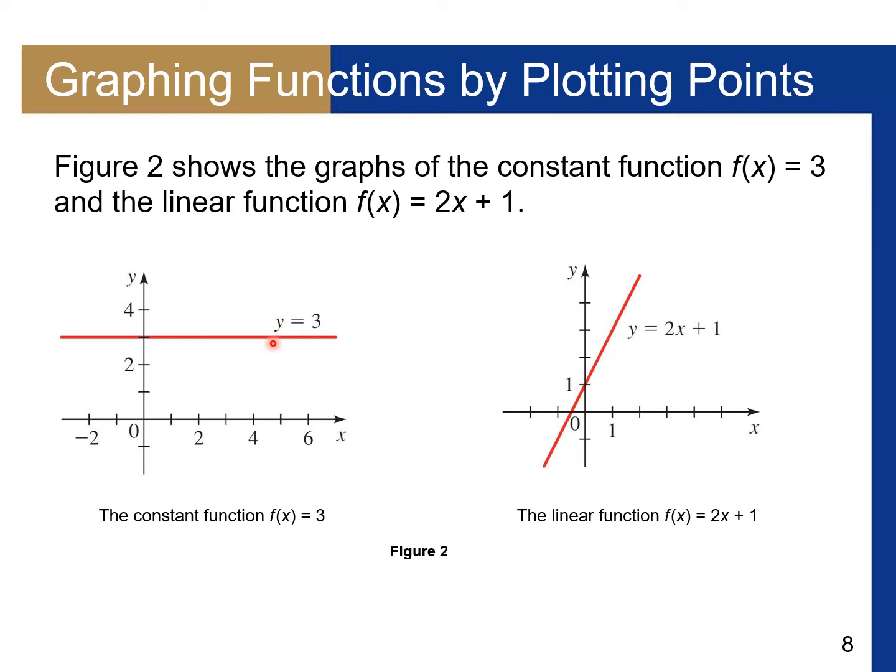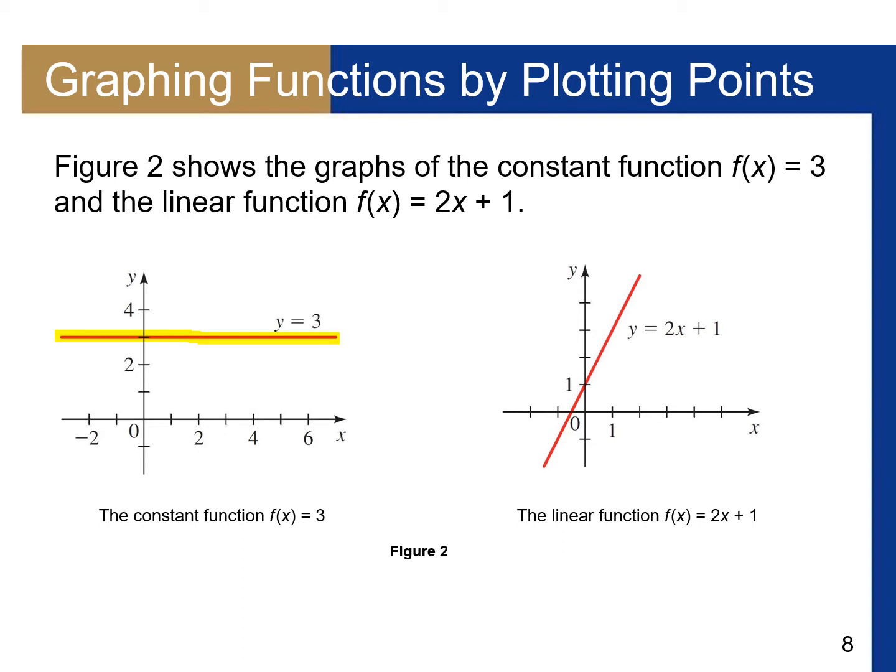Here we have our horizontal line, just y equals 3. That's because our slope here is 0. And the slope being 0 whenever you have a horizontal line is a very important concept to know for calculus. That's why they're emphasizing this so much here.